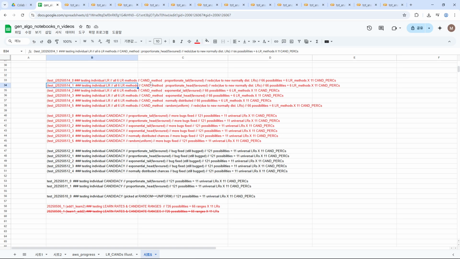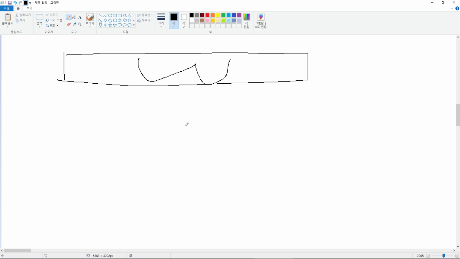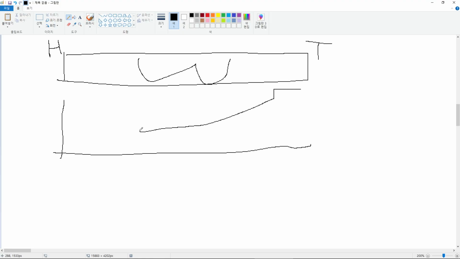And then the candidate method is quite similar, as you have the world, and then for proportional tail, this is the head, this is the tail, and proportional tail means that the tail entity has the highest chance of being picked, and then it just goes down gradually.